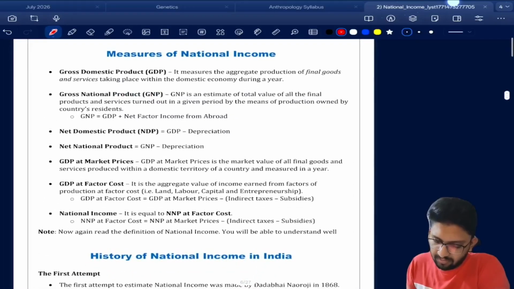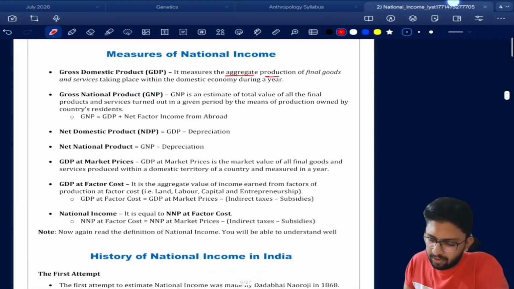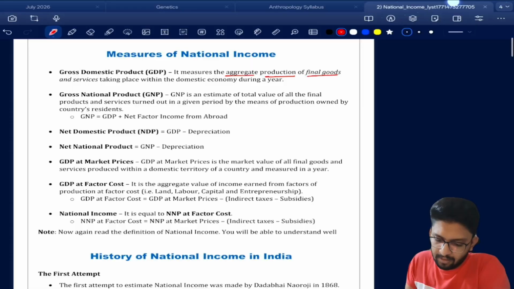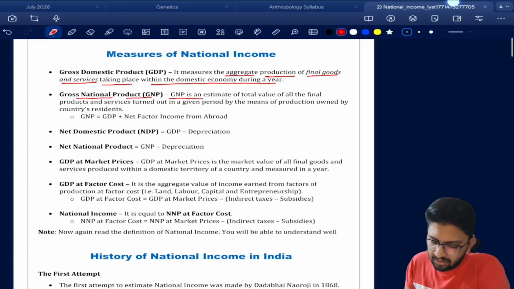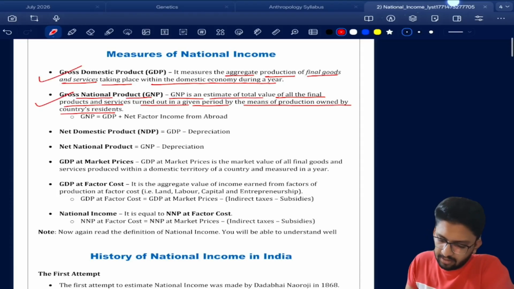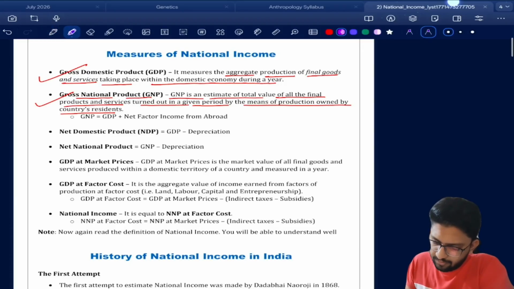Measures of national income. GDP, gross domestic product, includes the aggregate production of final goods and services taking place within the domestic economy during a year. GNP is an estimate of the total value of all the final goods and services turned out in a given period by the means of production owned by the country's residents.